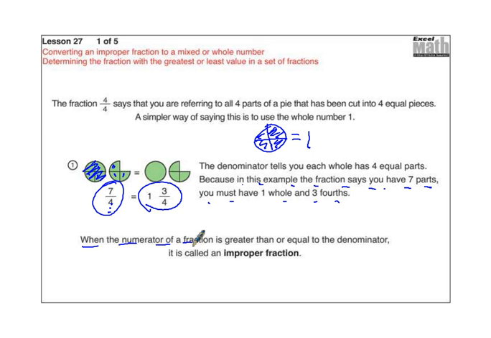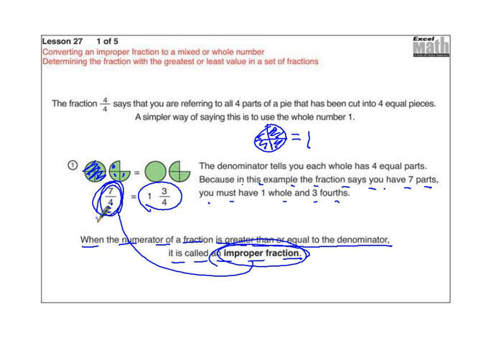When the numerator of a fraction is greater than or equal to the denominator, it is called an improper fraction. This is an improper fraction. This is a mixed number. Improper fractions have the top number, the numerator, larger or equal to the bottom number.